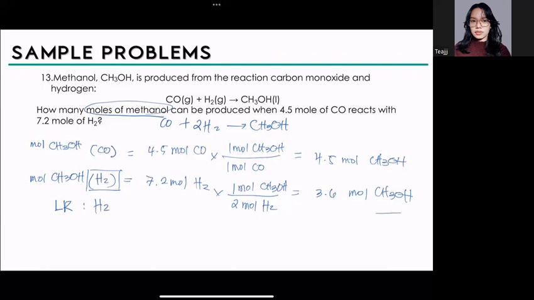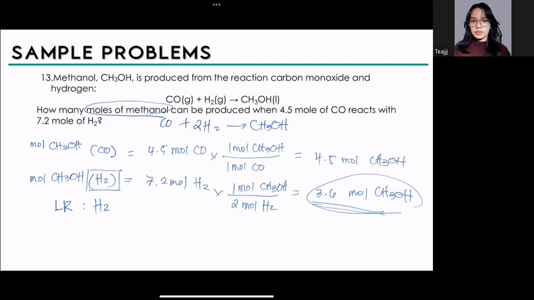Now, you use this value. If grams yung hinahanap, i-convert mo yun ng grams. But since moles na yung hinahanap, this is your final answer. 3.6 moles of methanol is produced with 4.5 moles of carbon monoxide and 7.2 moles of H2.